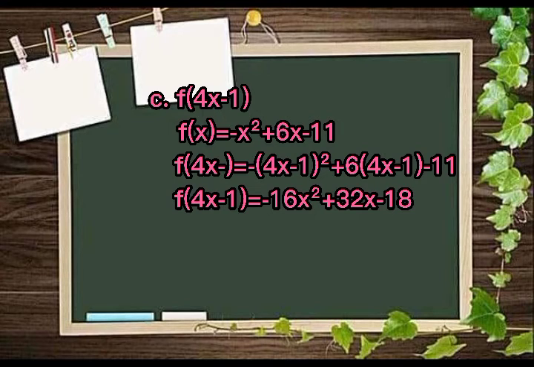Then, simplify the equation. Any method will do, may it be the FOIL method or the distributive property. And then simplify the equation, and it will be equal to negative 16x squared plus 32x minus 18.